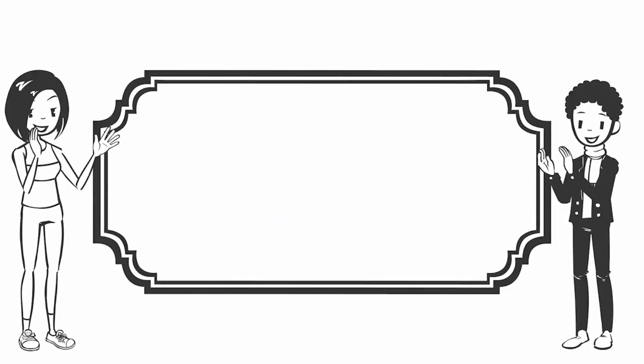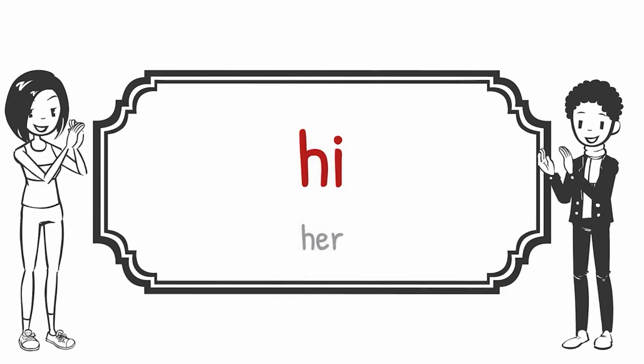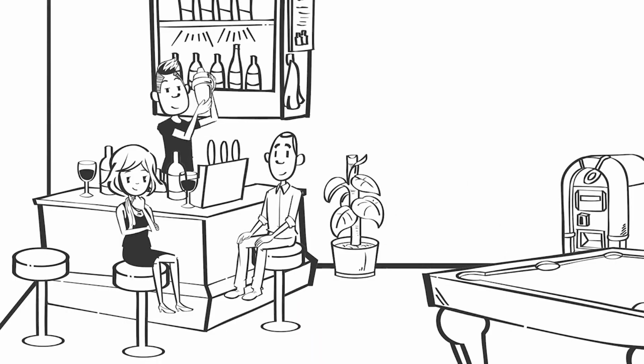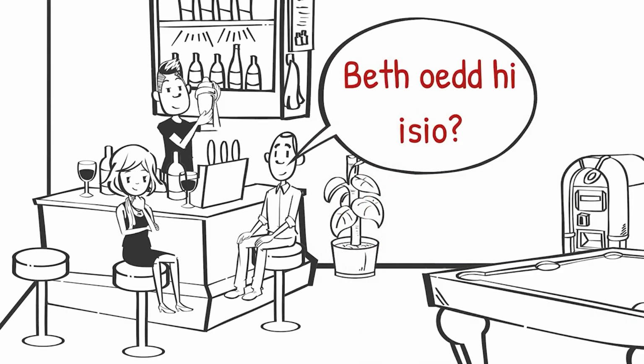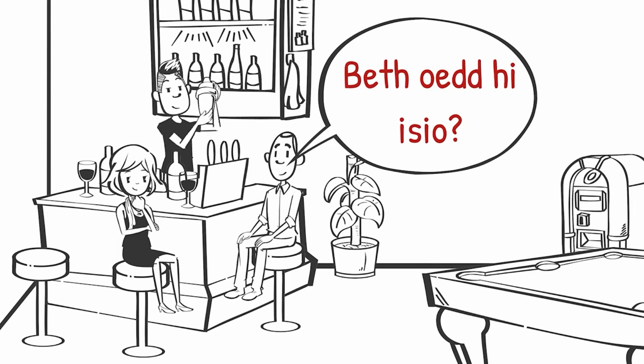Now we'll try a question with hi, her, in it. Be oedd hi isio? You try it. Be oedd hi isio? Here are some examples of how to answer what she wanted.